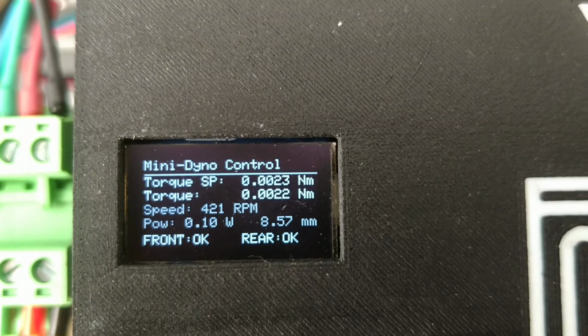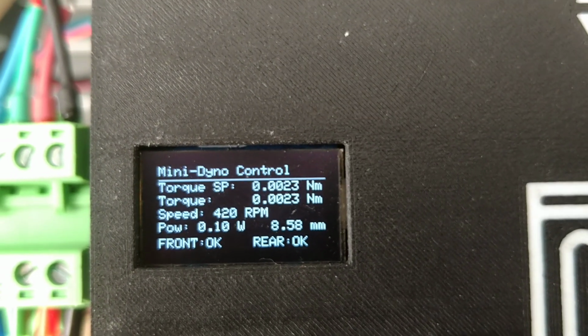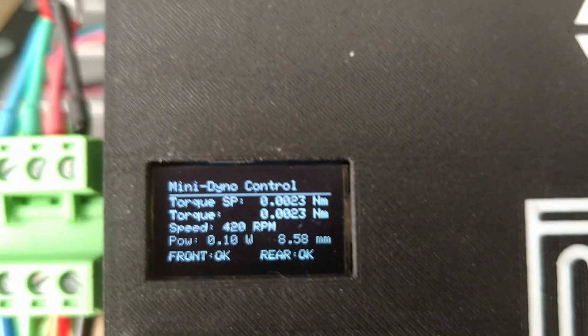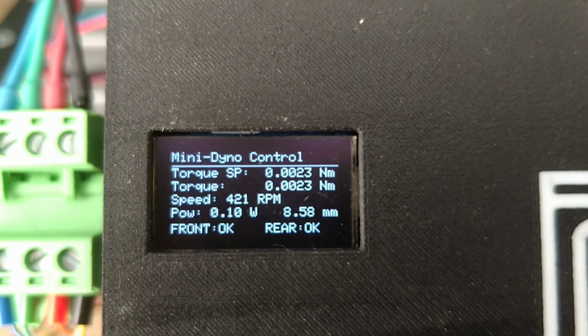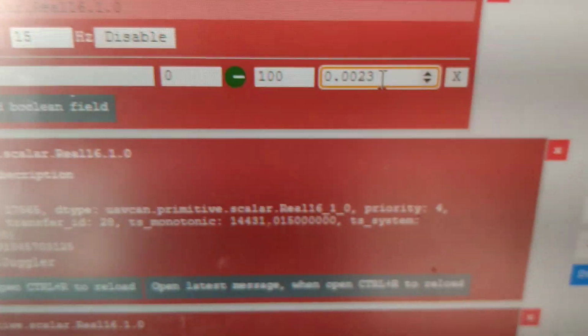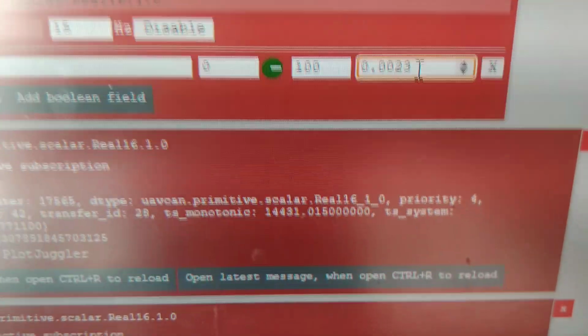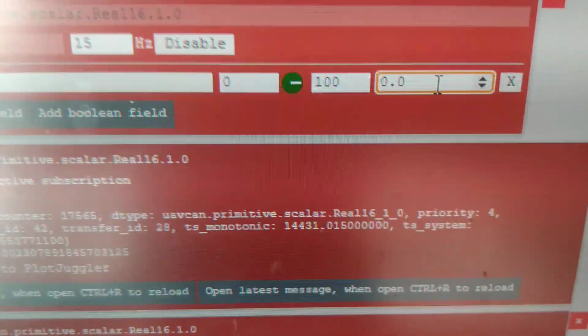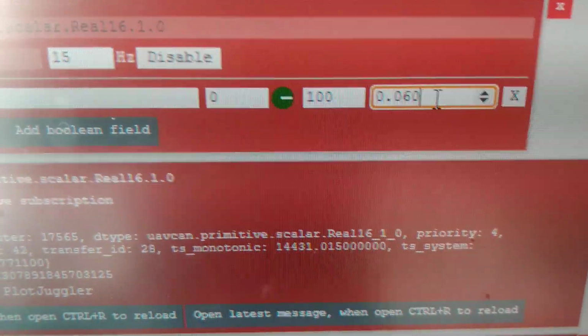And probably one last extreme demonstration. We are going to substantially load the motor, perhaps maybe overload. We are going to set 0.06, 60 millinewton meters, and we will see how the motor and the system will respond. So it's now 60 millinewton meters.